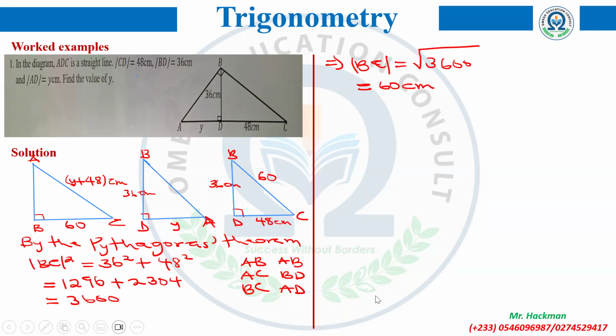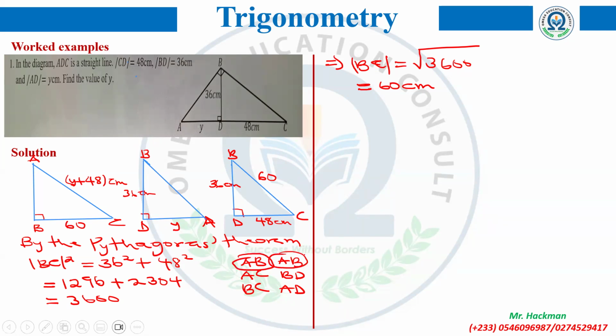If you look at the sides you have here, which side do you have in both triangles? AB. If you are matured, you would do this mentally. You can see that this has AB, this also has AB.